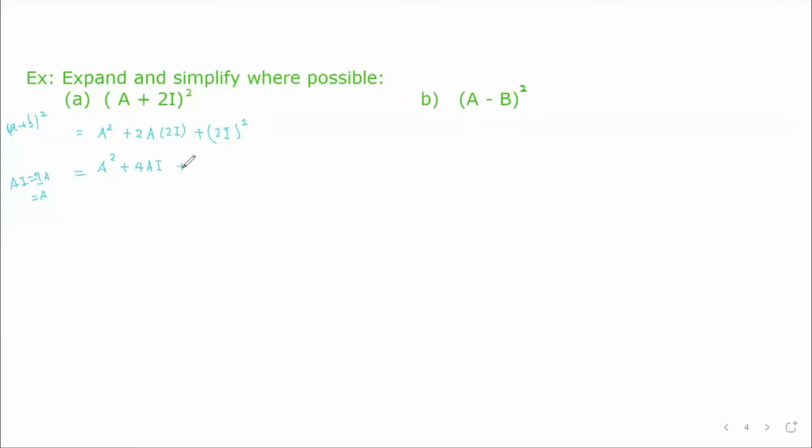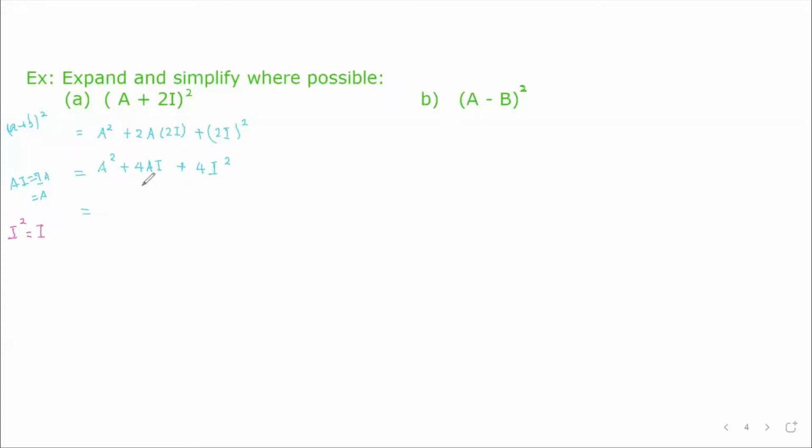And then plus 4I squared. So you can see I is the identity matrix. No matter the power 2, power 3, it still comes out equal to I. So it's always equal to I.